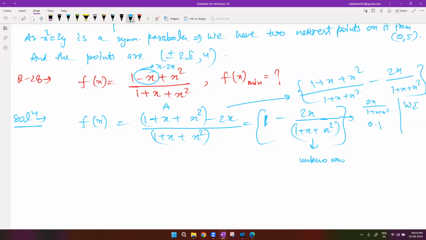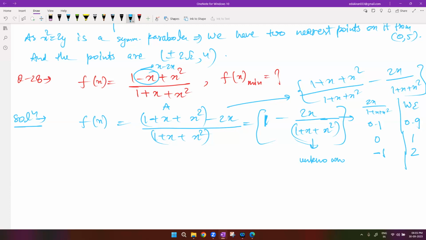If this is 0.1, then the whole expression becomes 0.9. Correct? If this is 0, then the whole expression becomes 1. If this is -1, then the whole expression becomes 2. Understand? As the value of 2x upon 1 plus x square is decreasing, the whole value is increasing, right?